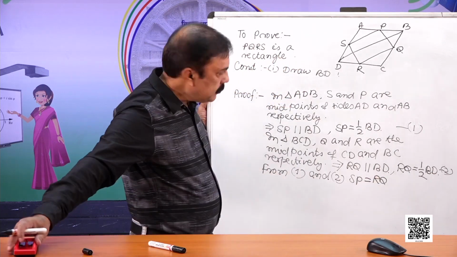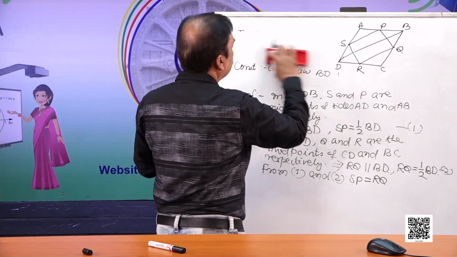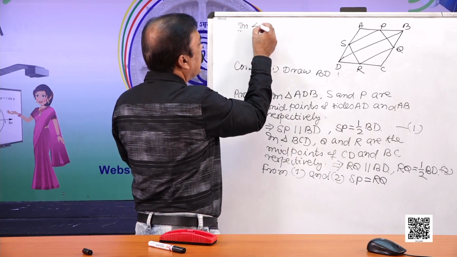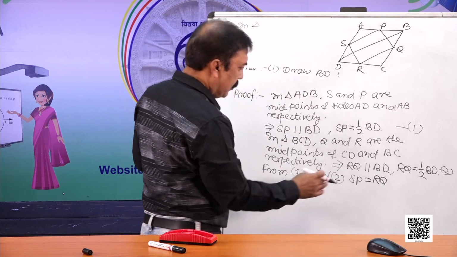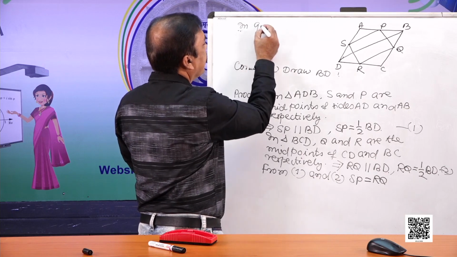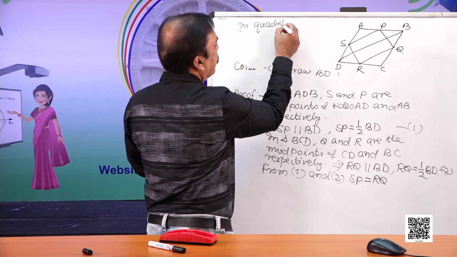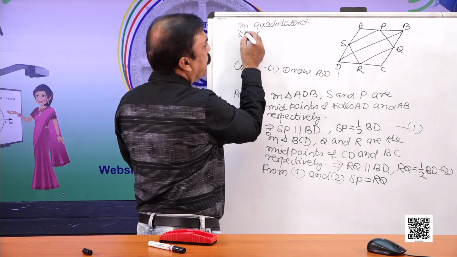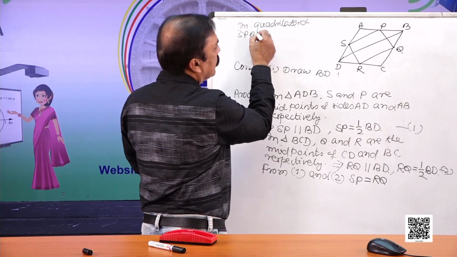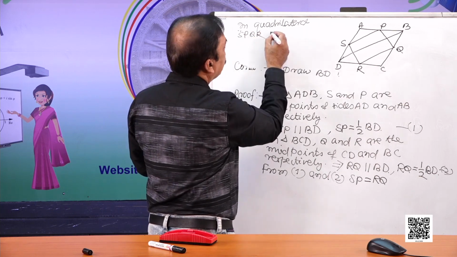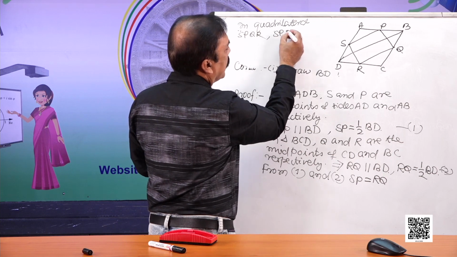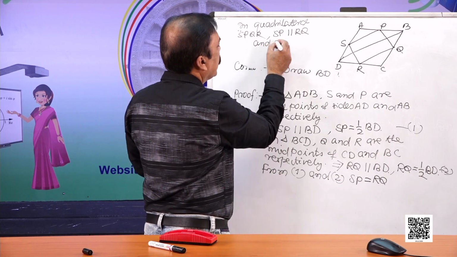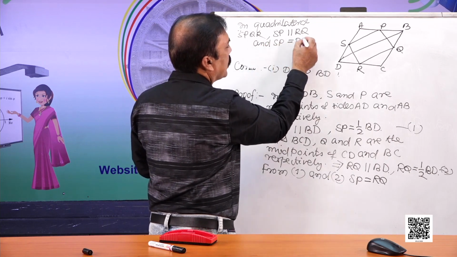Now in quadrilateral S, P, Q, R, we have SP is parallel to RQ and SP is equal to RQ.